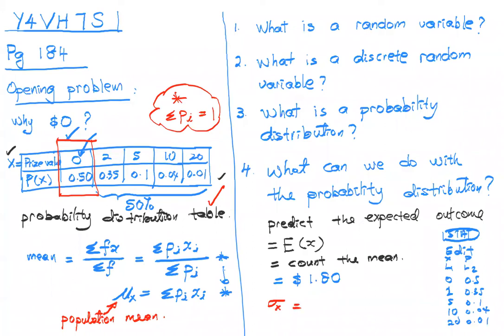Christopher, since you have counted it, you scroll down. 2.94. Okay, so that is the spread of the data. Now, can someone tell me why this is a population mean and population standard deviation?